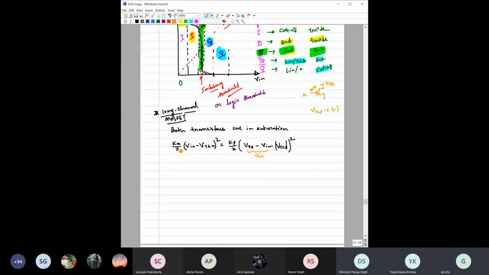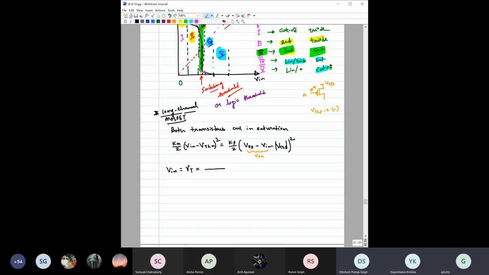Now the switching threshold, or logic threshold, will be the input voltage where these two would be equal. So now you can replace Vin with this VT, and you can simply find for which condition it would happen. So Vin equal to this VT. I am not solving it step by step to save some time.